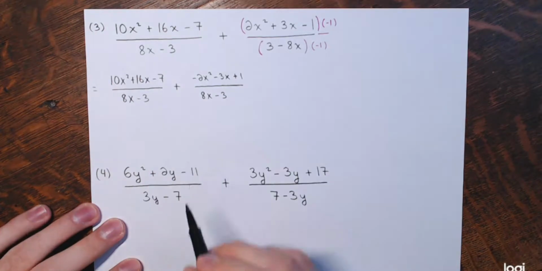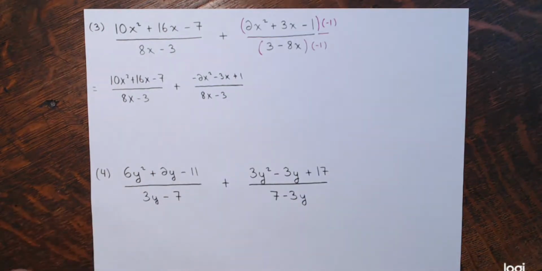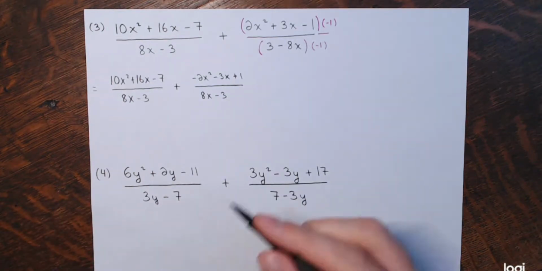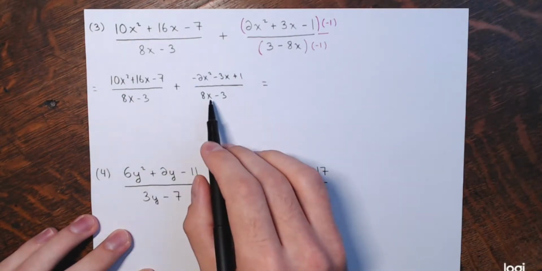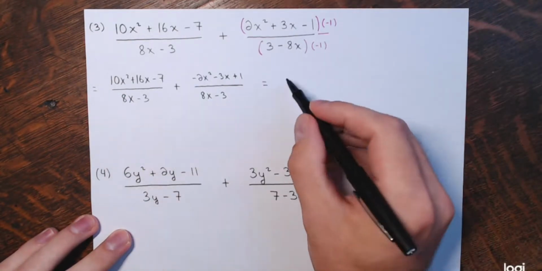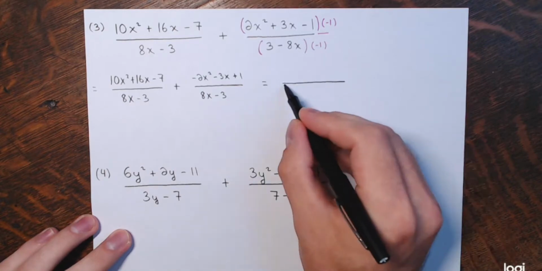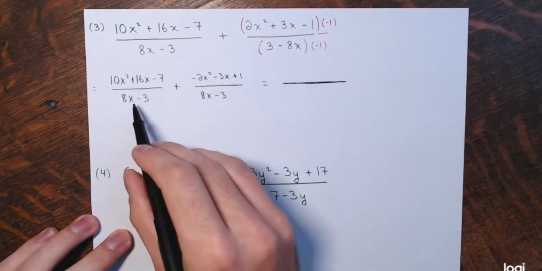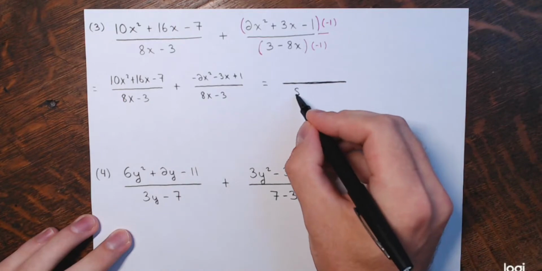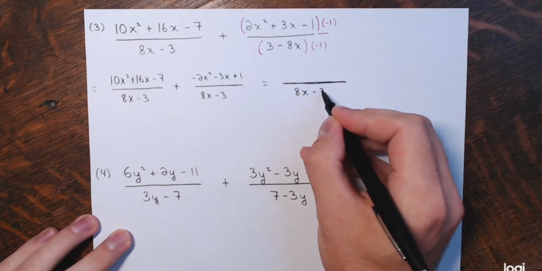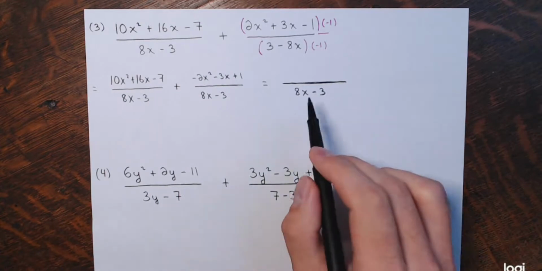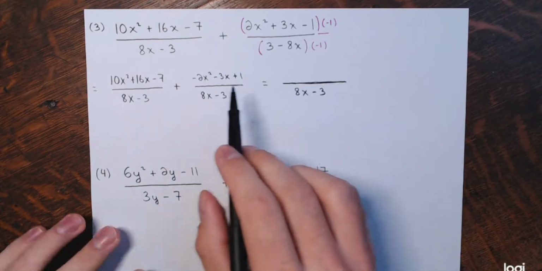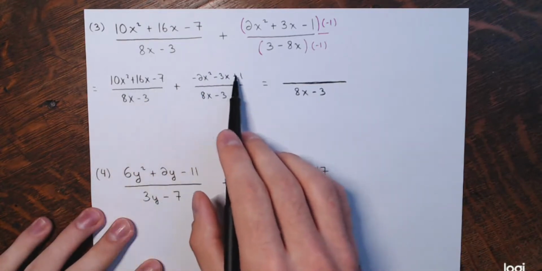Right, they are now the same, since they were opposites originally. And now that they are fractions with the same denominator, I can add them and make a single fraction with that denominator. The common denominator continues on and is the denominator of the sum. So I have 8x minus 3 in the denominator, and then I'm just combining like terms in the numerator.